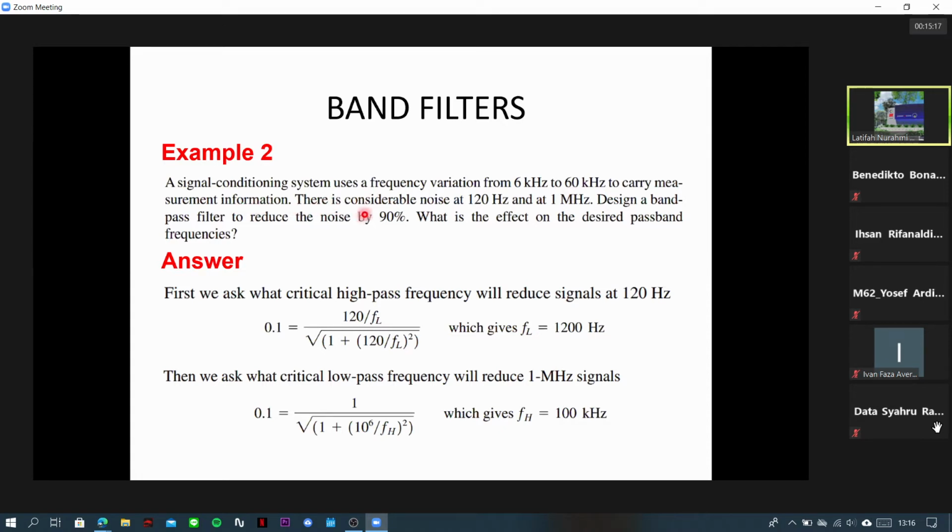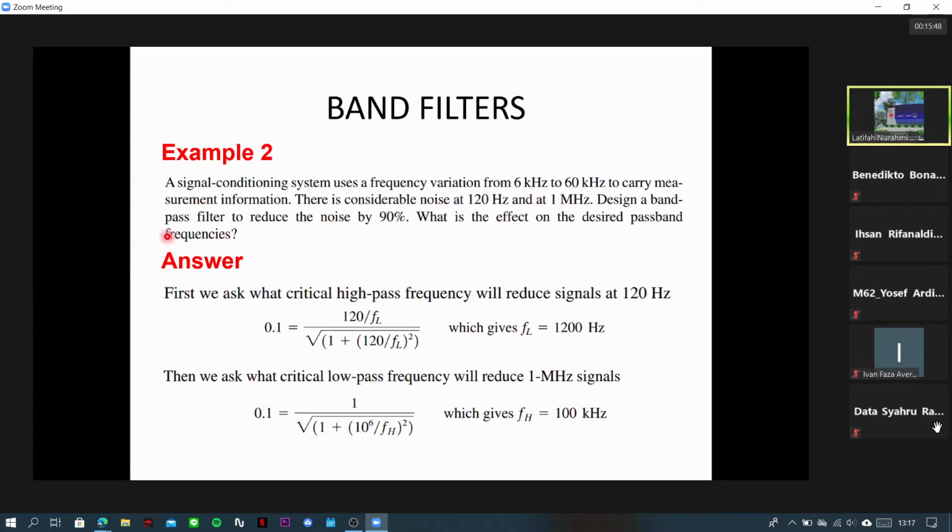Then there is considerable noise. Considerable is an adjective, meaning somehow too much. There is too much noise at 120 hertz, which is the low limit, the lower bound, and at 1 megahertz, which is the upper bound, the higher limit.